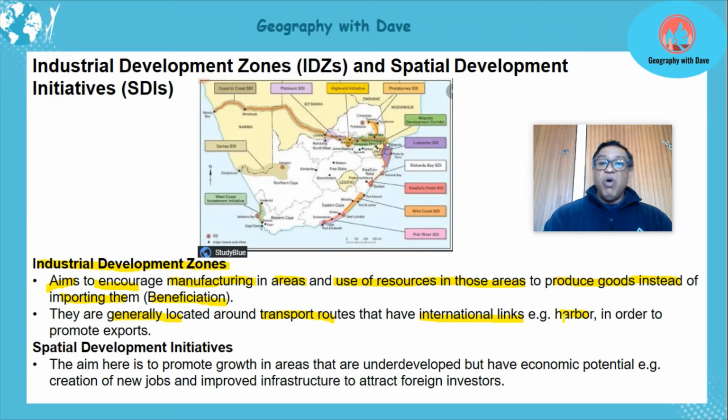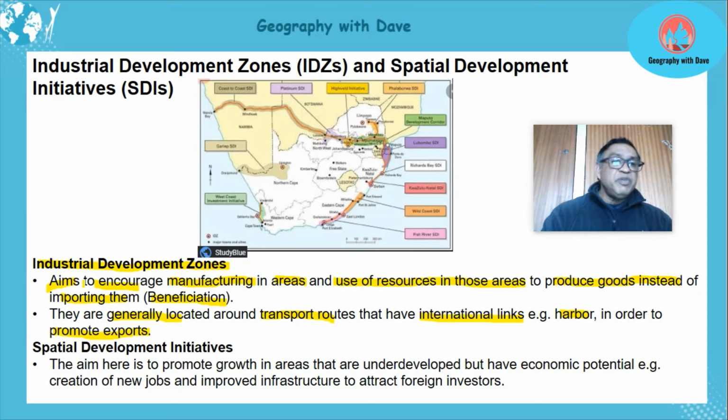Why? In order to promote exports. Let's sell our processed goods to other countries. Let's get the dollars in, which is quite a big currency. Convert it to our rands and we have a lot of money in our pocket. So they are located near major transport routes that we can export from.